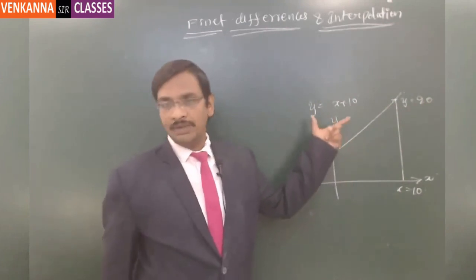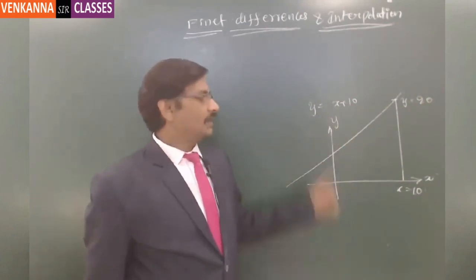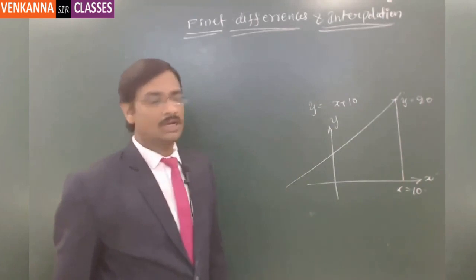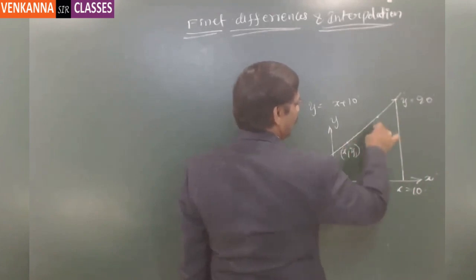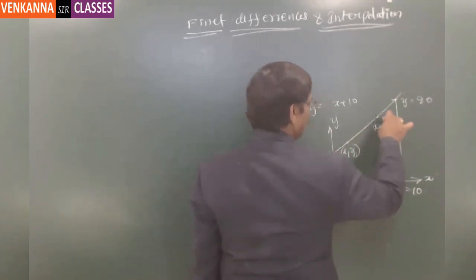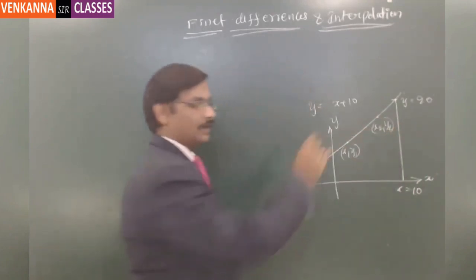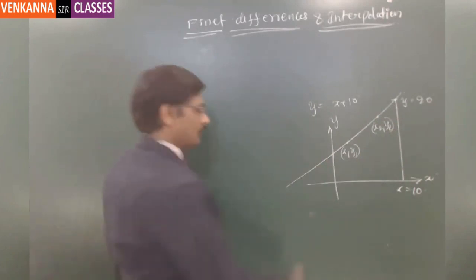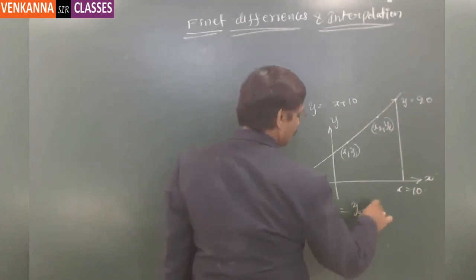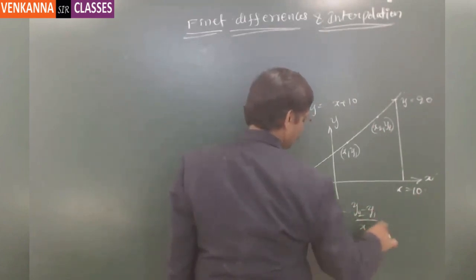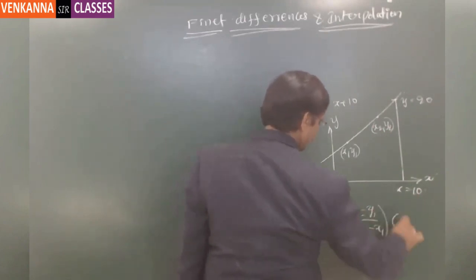Now here we have a straight line equation, and to bring it out you just need two different points. If you have the values of x1, y1, and the values of x2, y2, then you can easily find the relation between these two. From the relation, y minus y1 is equal to (y2 minus y1) divided by (x2 minus x1) into (x minus x1).